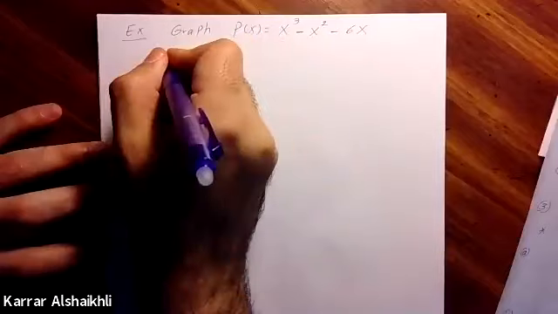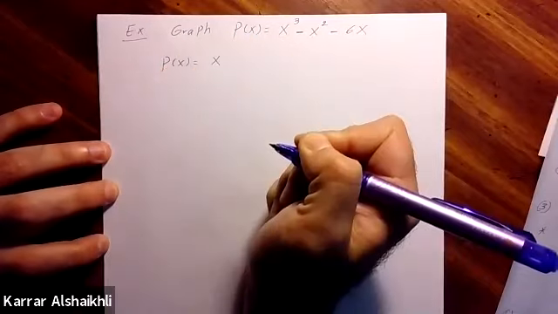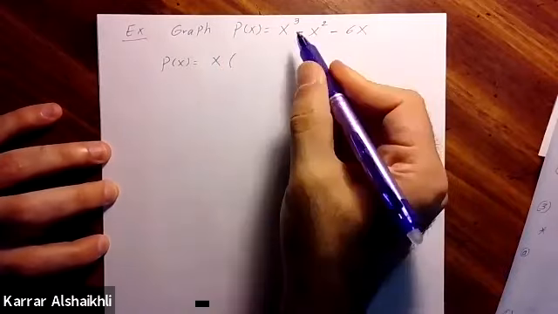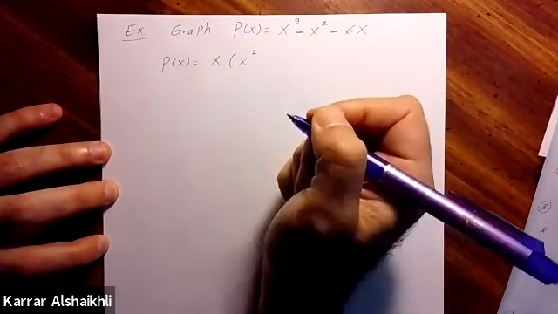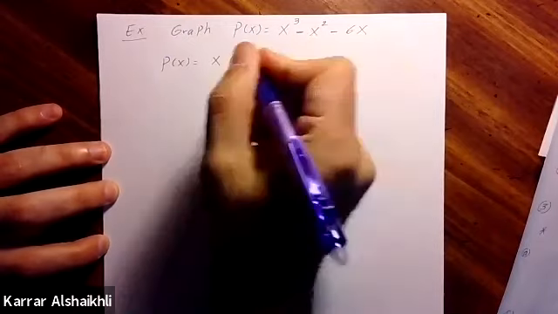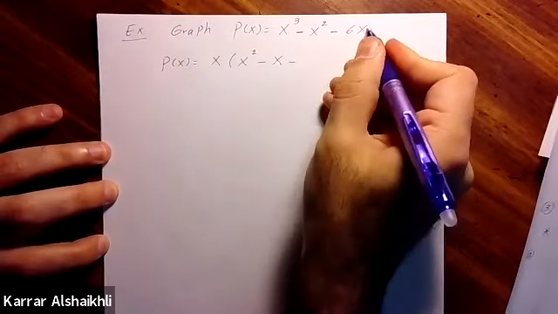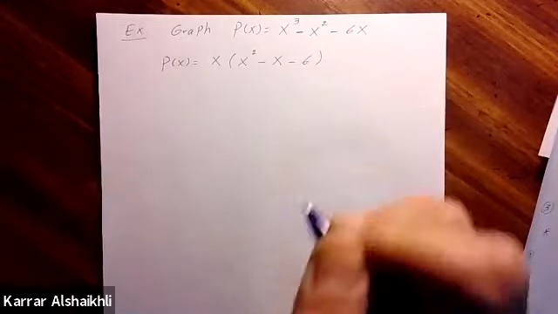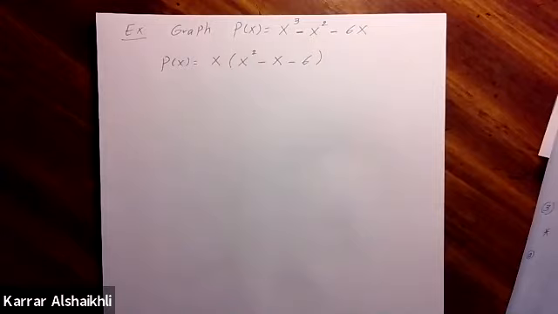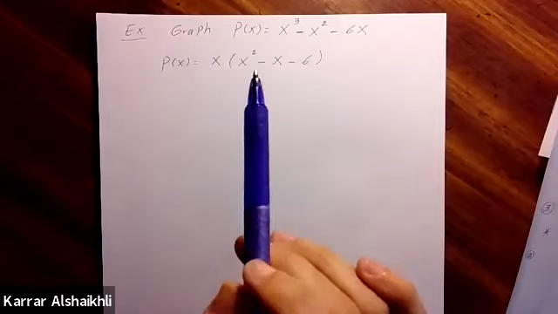So I'm going to say p of x is going to be equal, here's the x. What's the leftover? x cubed divided by x is going to be x squared, minus x squared divided by x is going to be x, minus 6x divided by x is going to be just 6. Now you see the first step, I found there's a GCF between these three terms, so I'm going to factor out the GCF here. Now I have to keep going.